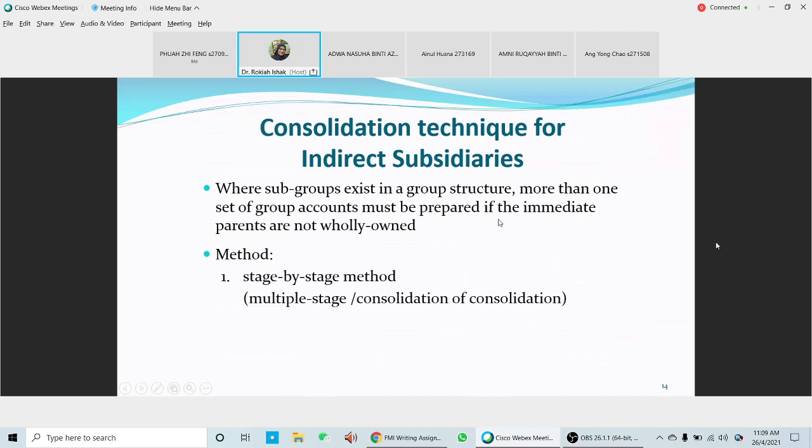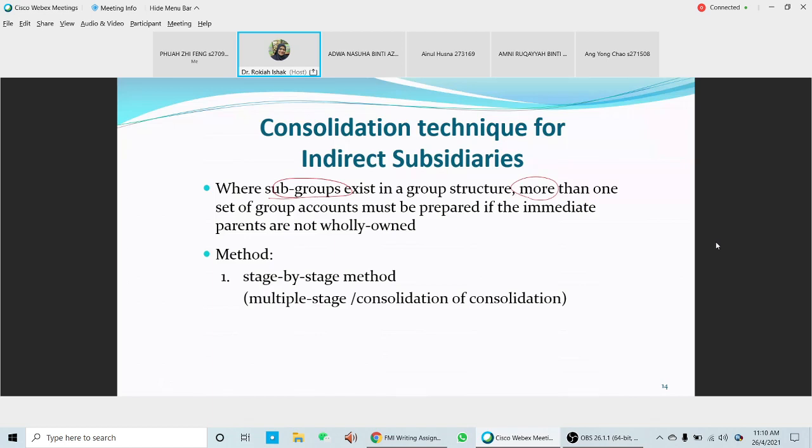Okay, for consolidation techniques for the indirect subsidiary where subgroups exist here. When a subgroup exists, more than one set of group accounts must be prepared if the immediate parent is not wholly owned.